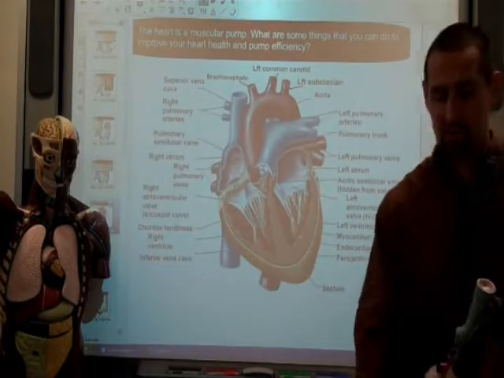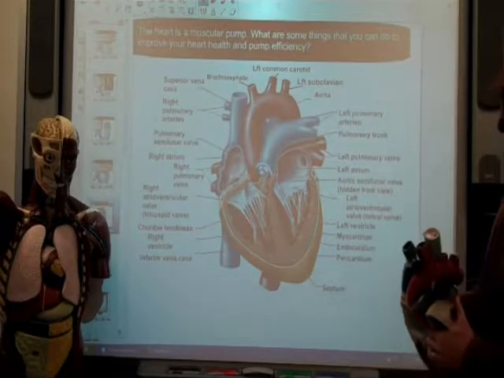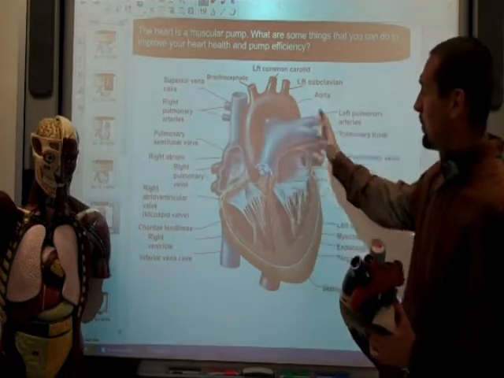Let's take a look at some of the major parts of the heart, some of the main parts. We'll just start right up here, kind of work our way around.